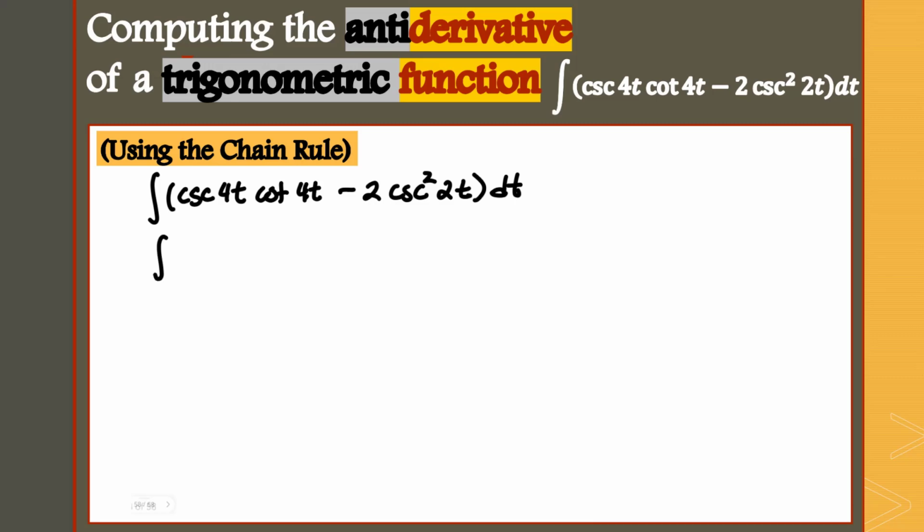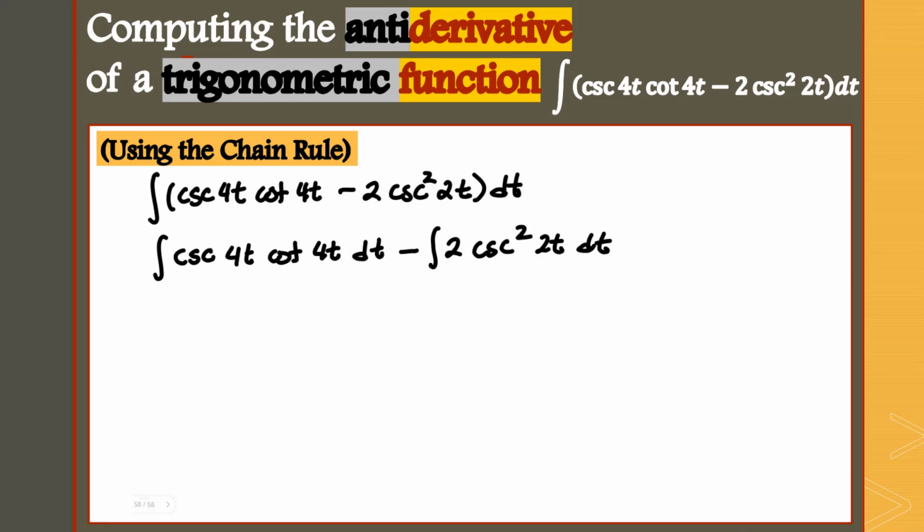So your first one, you have here the integral of cosecant 4t times cotangent 4t dt. Of course, you will have to use an integral in dt here according to the sum and difference rule for differentiation. Minus, you will have here 2 cosecant squared of 2t dt.